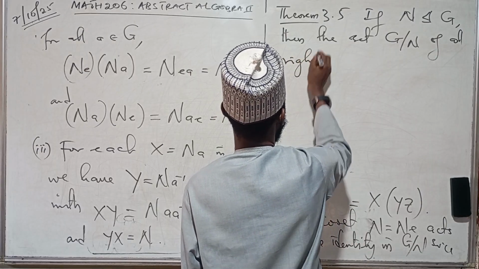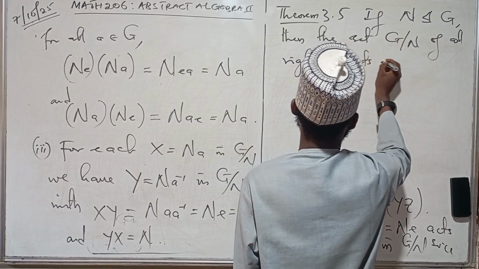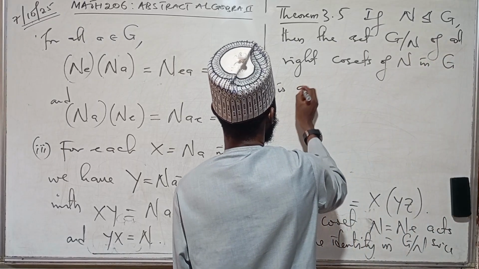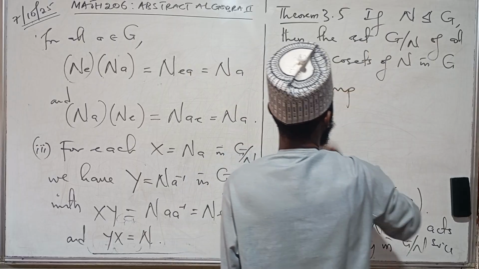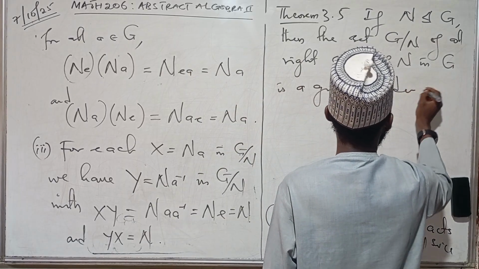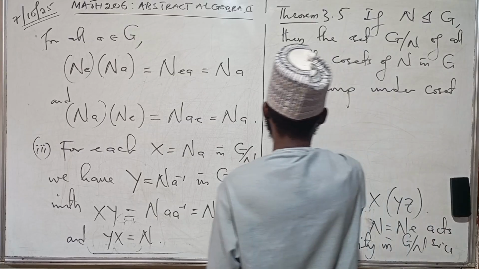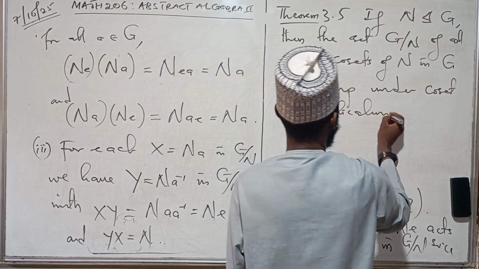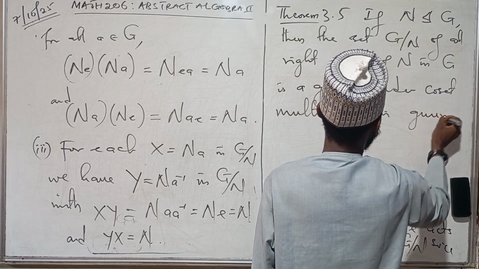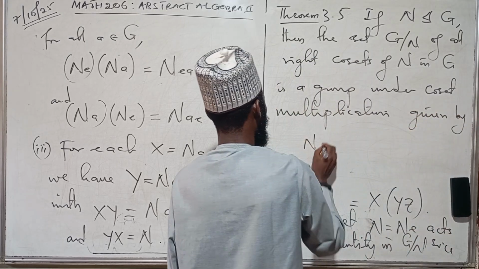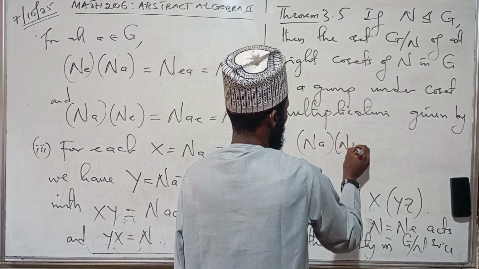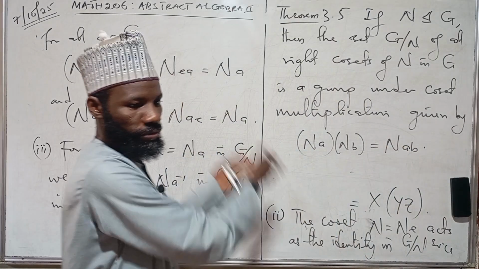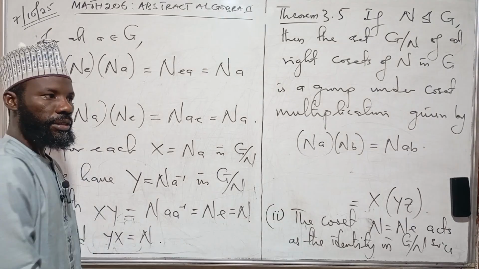So I can say right cosets of N in G, is a group under coset multiplication given by Na, Nb is equal to Nab. The proof is what we have just discussed.